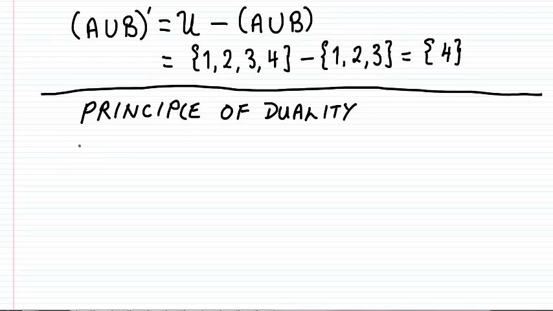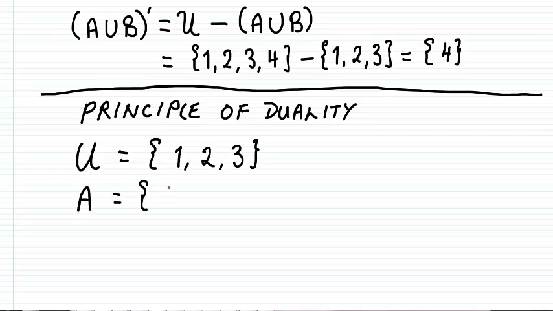Let's take as an example a universal set containing the elements 1, 2, and 3. And let's also take some subsets of this universal set. Set A containing the element 1, and set B containing the elements 2 and 3.